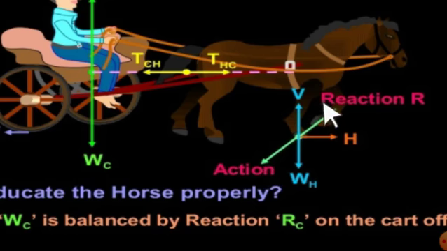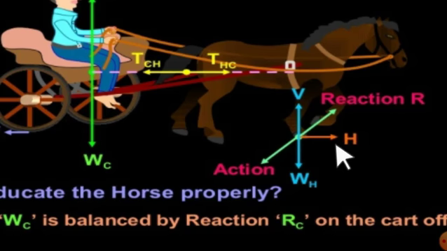So with the reaction, if we resolve it into two rectangular components, the vertical component will neutralize the weight of the horse, and if the horizontal component of this reaction is greater than the frictional force arising between the tires of the wheel and the earth, then the cart will surely move, because if these two are equal and opposite, then no doubt there will not be any motion at all.